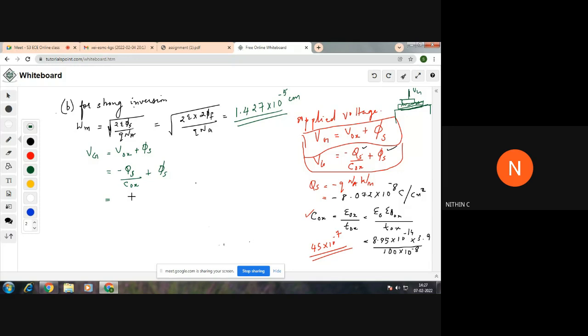No. I think the values will be the same, and the only difference is with respect to the phi S value. Since it is asked for strong inversion, your phi S value will be 2 phi F. That's the only difference that you have. VG 1.013.